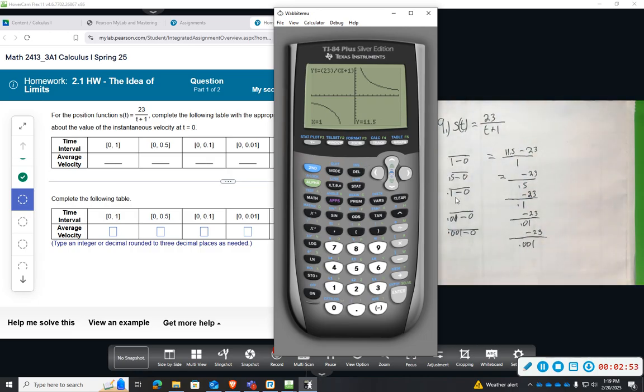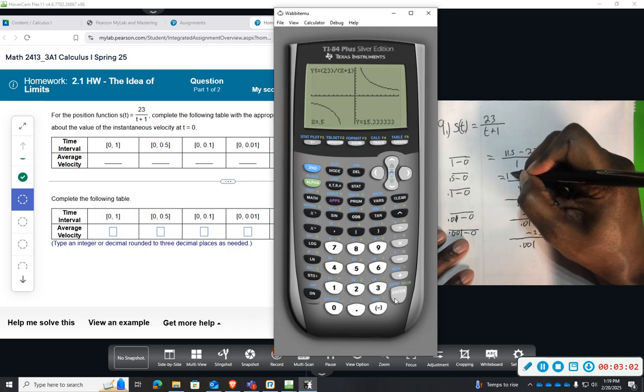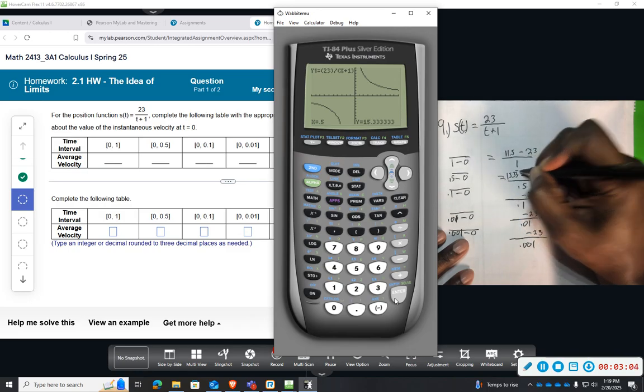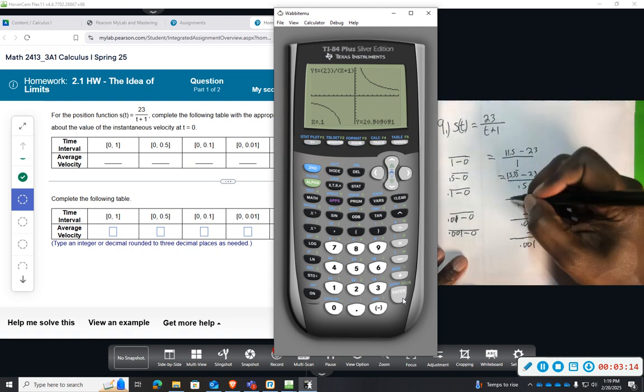If we go to 0.5, we get 15.3 repeating. If we do 0.1, we get 20.90 repeating.